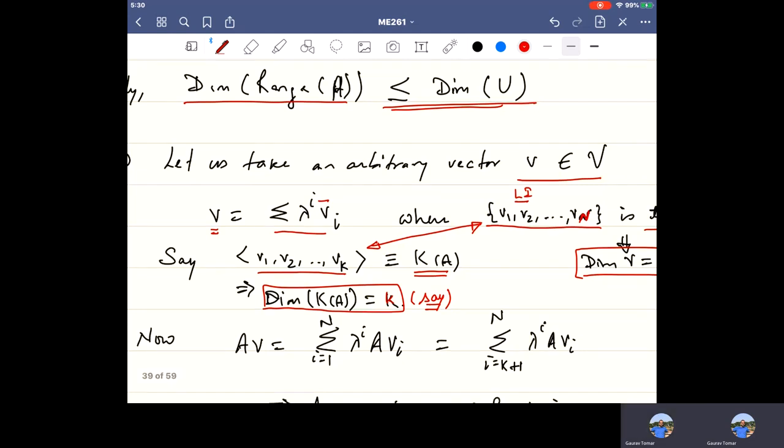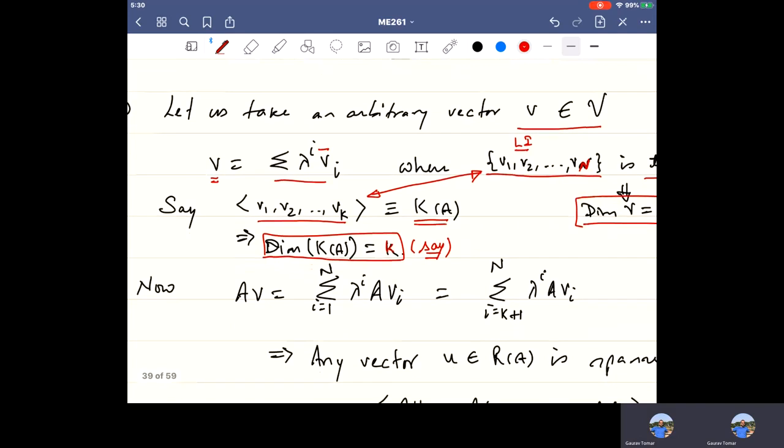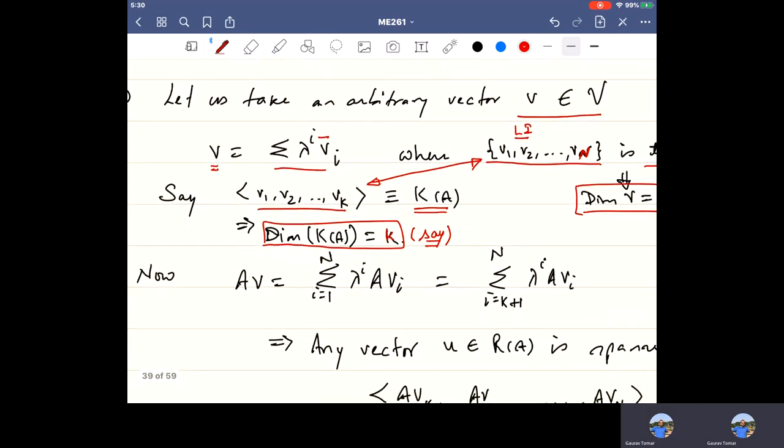Now, we can write A of V as the summation of lambda i, A v i. And now, because the first k vectors in this summation are going to get mapped to 0, because they belong to the kernel space or null space, A of V will essentially be the summation over i from k plus 1 to n.